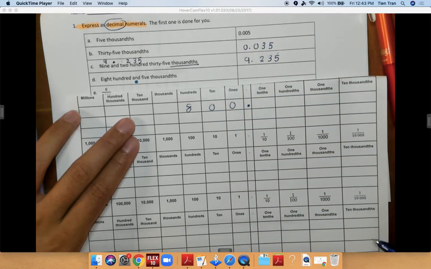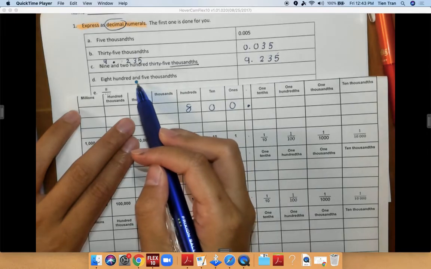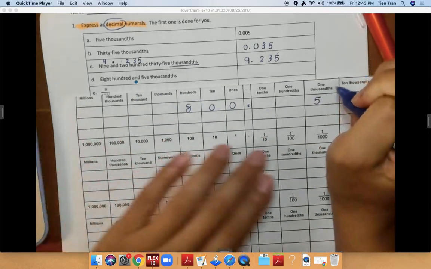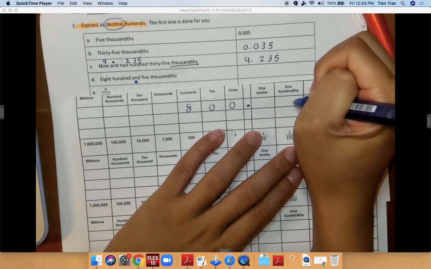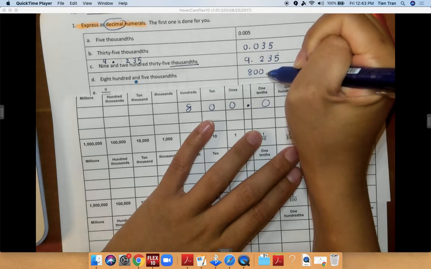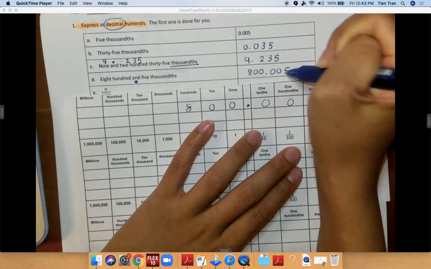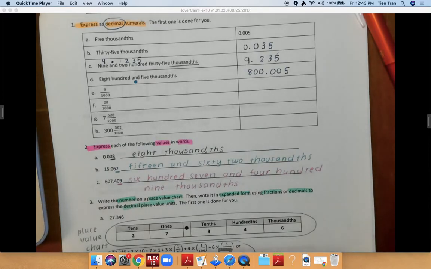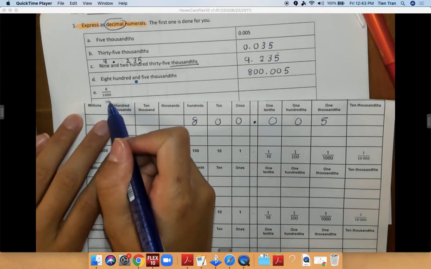And 805/1000ths. So 5 goes in the thousandths, and you're going to fill the rest with zeros. So this is my number, 805/1000ths. There you go.